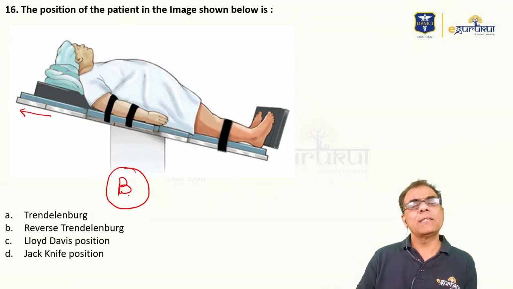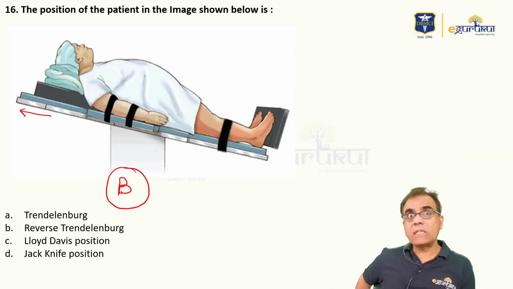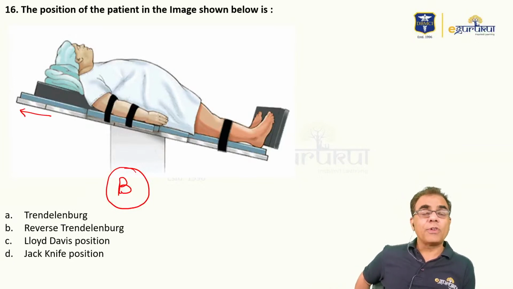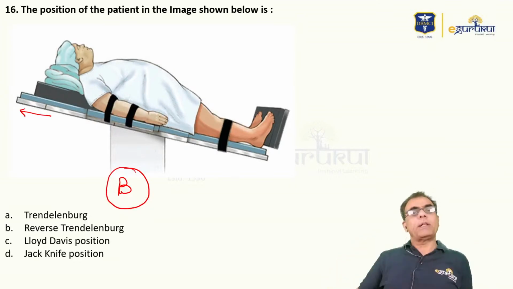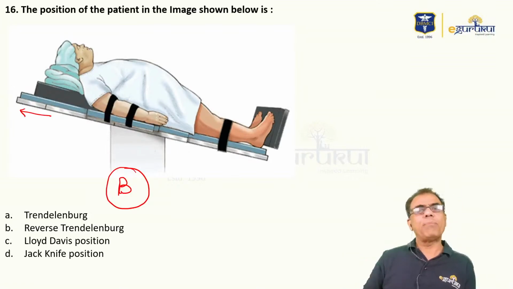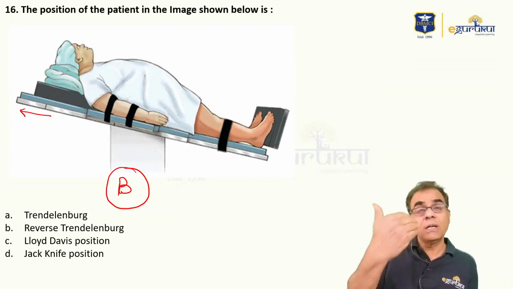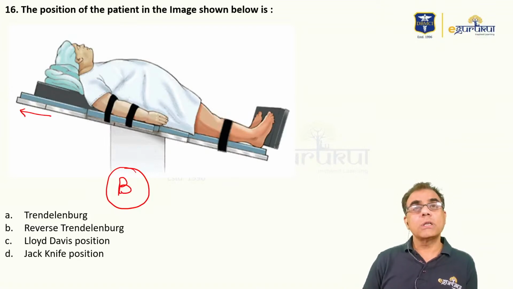So decreased venous return can cause decreased cardiac output and hypotension. So if you suddenly go for reverse Trendelenburg, there is a decrease in cardiac output, particularly after spinal anesthesia, because you know in spinal anesthesia there occurs sympathetic block that leads to venodilation and venous pooling in limb muscles and pelvic muscles. So that decreases venous return and leads to hypotension. And on top of that, if you cause reverse Trendelenburg, that can really lead to profound hypotension.